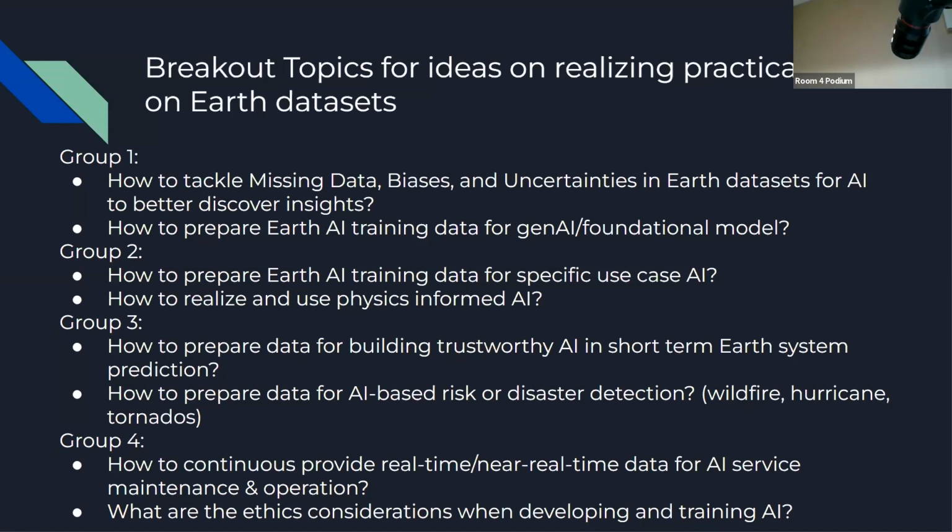If you're more interested in preparing AI training data for generative AI or foundation models, you can talk about that as well. We can have a 10-minute discussion, and then feel free to put your notes into the notes we have. We will also have reflection sessions, so you can share your opinions or ideas with the entire group. Questions?